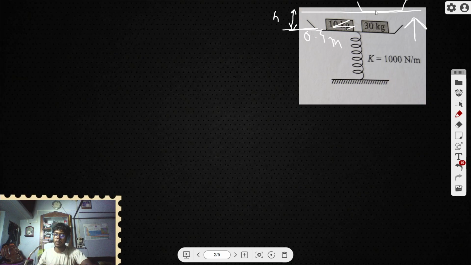So we take the compression when 10 kg is removed to be x. Now h will be 0.4 minus x, right?